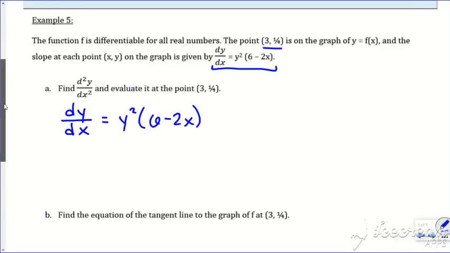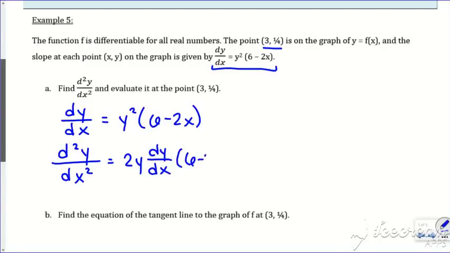And you could distribute the y squared if you would like, but regardless, you're still going to have to do a product rule, so we'll just do it this way. So the second derivative of y with respect to x both times is 2y dy/dx times (6 minus 2x) plus y squared times negative 2.